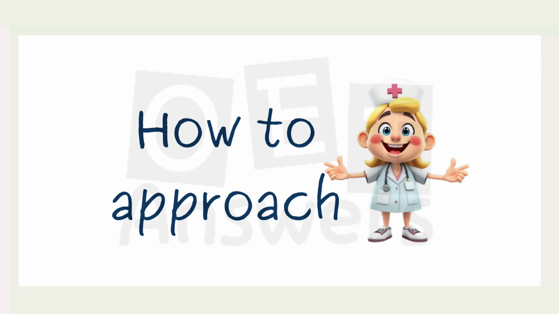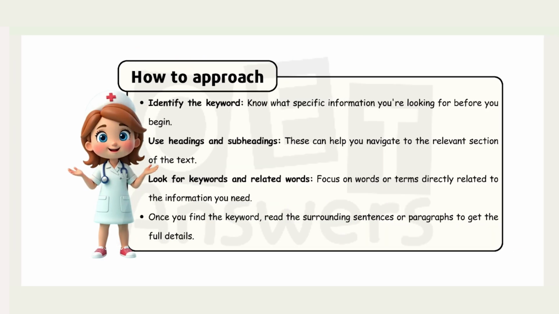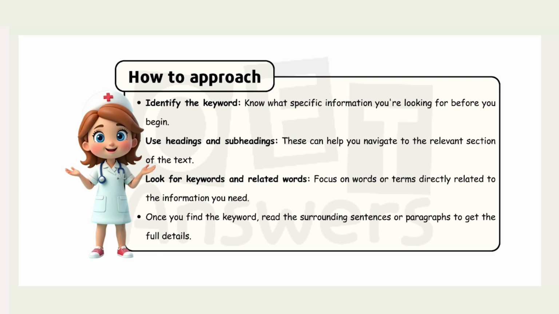Now how do you approach scanning? There are 3 points. First, identify the keyword. Once you read the question, you have to find where in the particular paragraph you see the keyword. Second, know the specific information you are looking for before you begin.